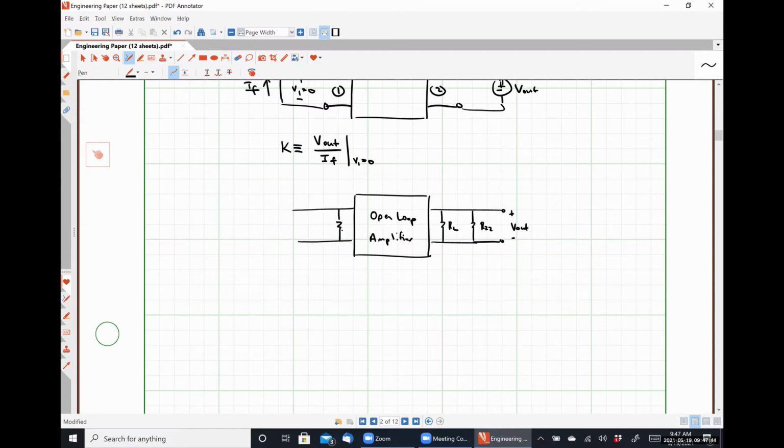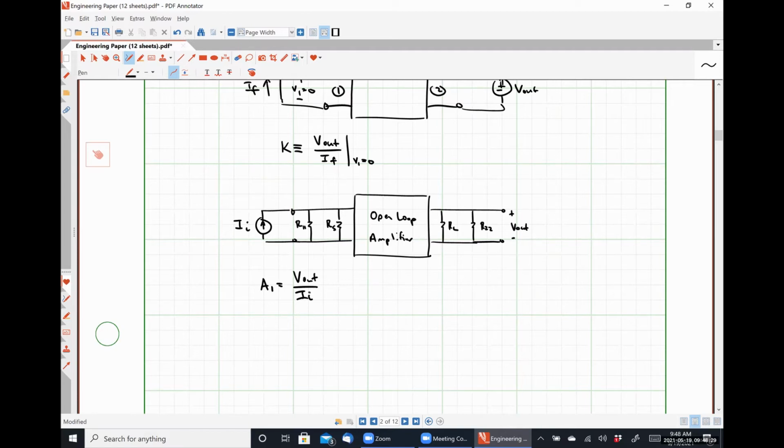On the input side, we are going to see RS in parallel with R11. And this is where we apply our input signal, II. And so from this, we know that our open loop gain A1 is going to be V out over II. So unit-wise, it should look like a resistance, which is why this is a trans impedance or trans resistance amplifier.